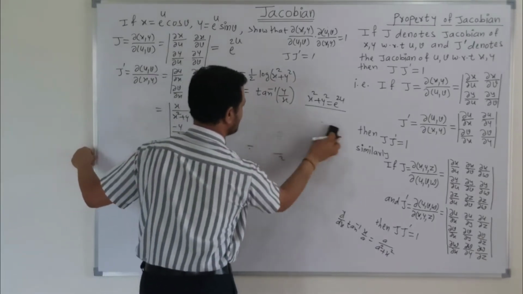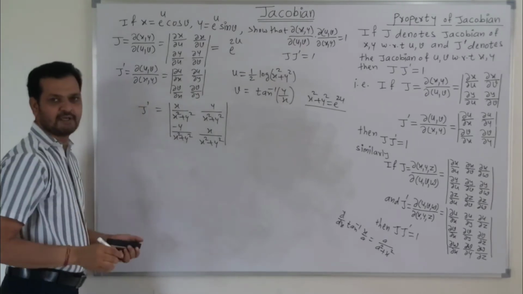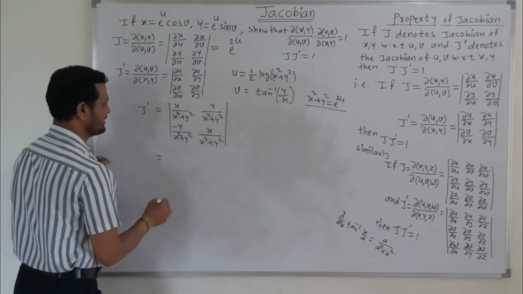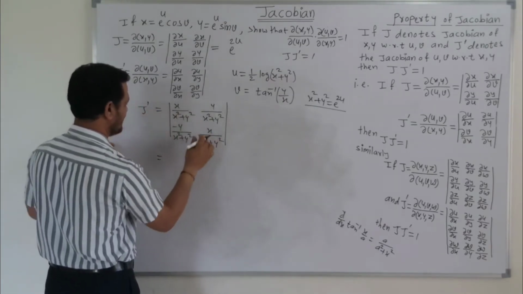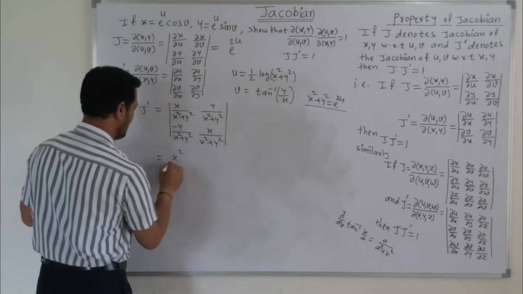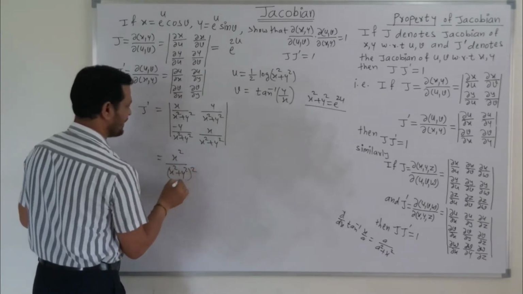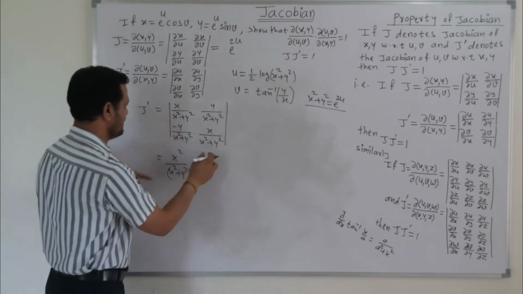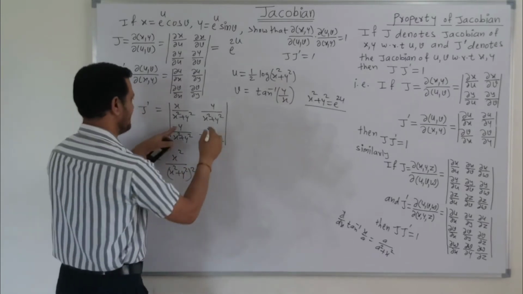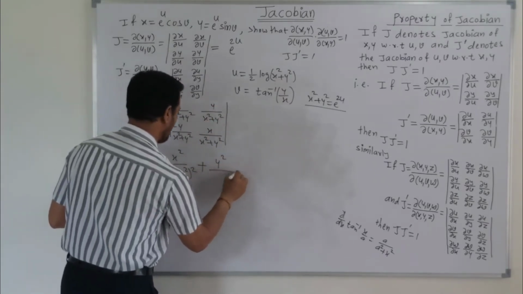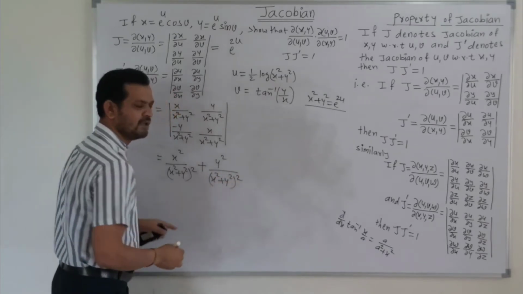So let's try to simplify this term. This is the value of z dash. Simplify this determinant. If we take the product of these two terms, x into x is x square upon x square plus y square, its square. So these are the two terms. Then this minus and this minus become plus, then y into y, we get y square upon x square plus y square, its square.